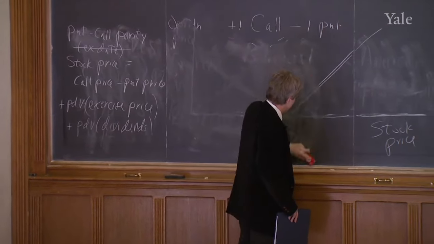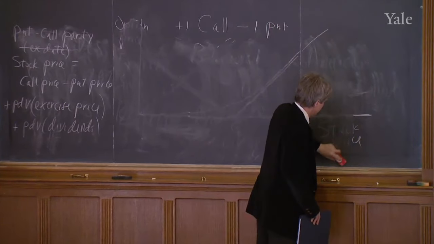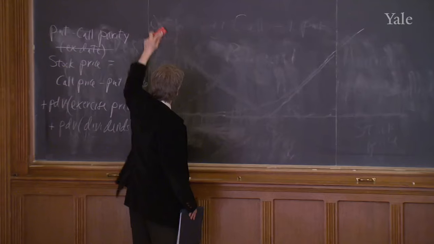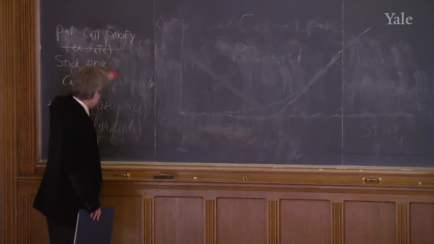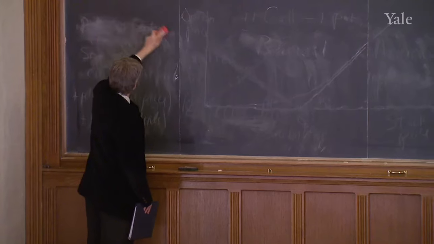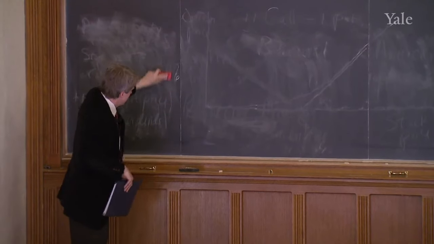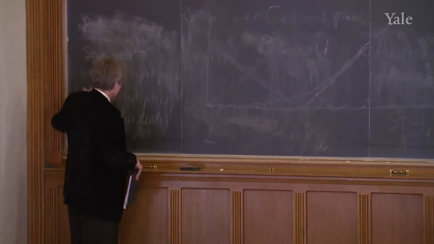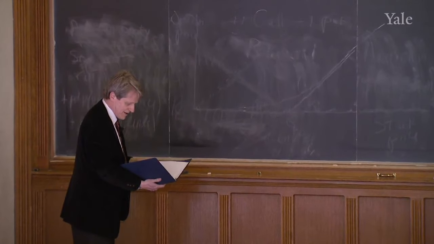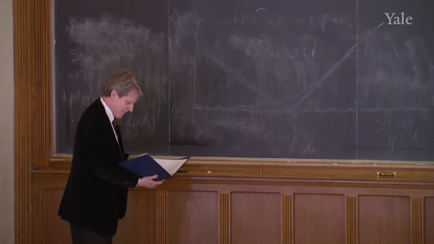So let's now talk about pricing of options. And the main pricing equation that we're going to use is the Black-Scholes Option Pricing equation. But before that, I wanted to just give you a simple story of options pricing, just to give you some idea how it works.